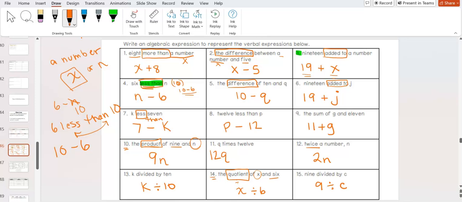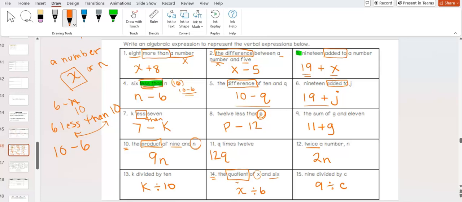6 less than 10. Okay, the difference of 10 and q, because they used difference, we're going to keep it in the same order. 19 added to j. K less, we kind of had a typo, it should be k less than 7, which would be 7 take away k. 12 less than p is p take away 12, because we want 12 less, so we want to take our original number and get rid of 12.